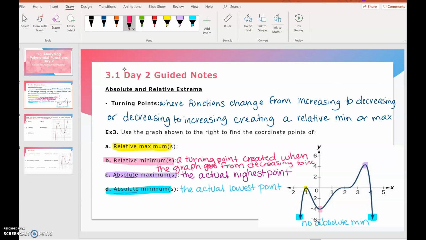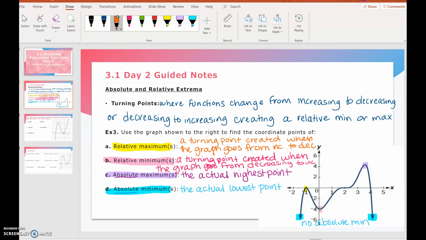I'm going to shorthand that because I'm running out of room. Okay. So then a relative maximum would be a turning point created when the graph goes from increasing to decreasing. Again, I shorthanded that.